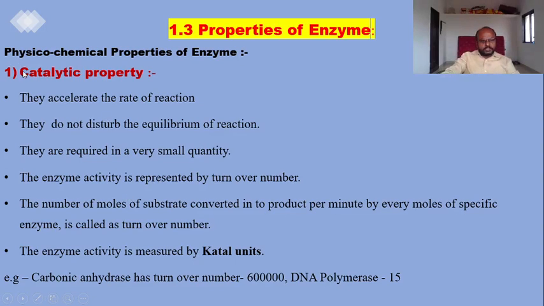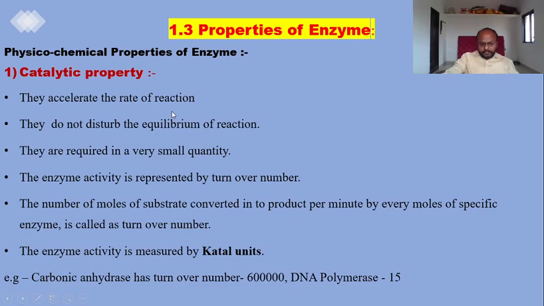So in that, the first property is the catalytic property. The catalytic property of the enzyme is nothing but that all enzymes catalyze the reaction. That means the enzyme accelerates the rate of the reaction, and it undergoes no changes in the product as well as in itself.